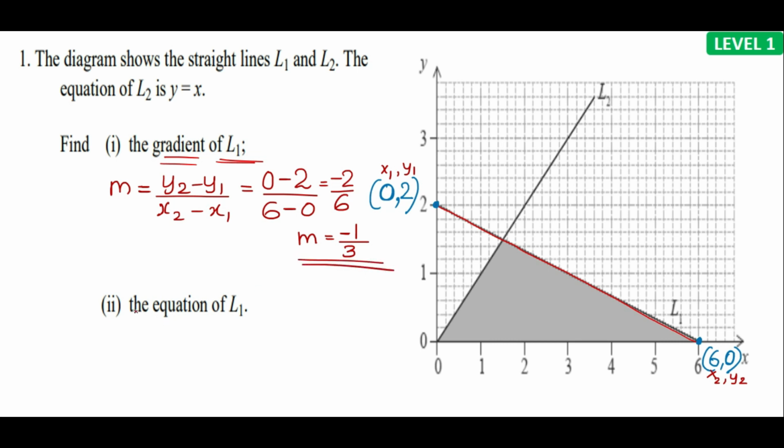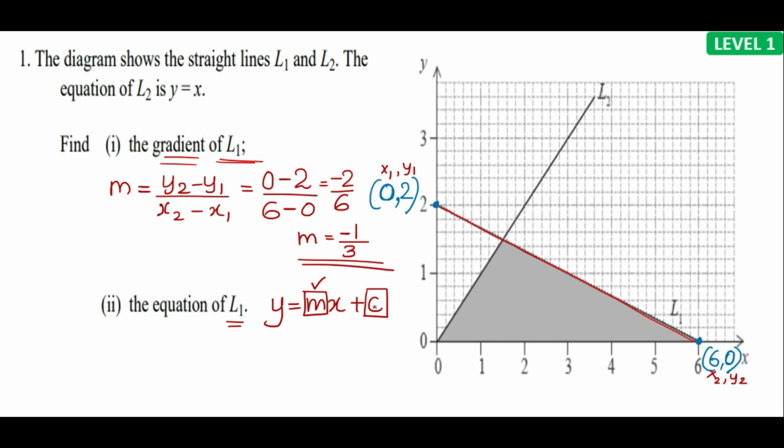Moving on to the next part, the equation of the line. Now to write the equation of the line, we need to find two components, m and c. Since we are talking about the same line L1, we have already found m, which is negative 1 over 3.